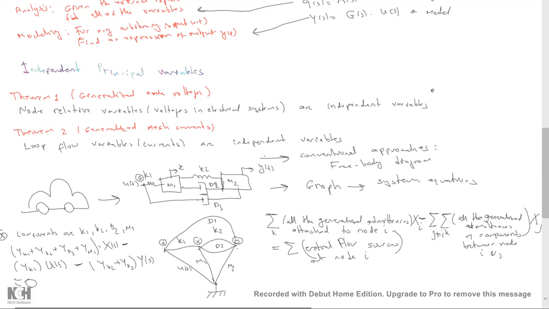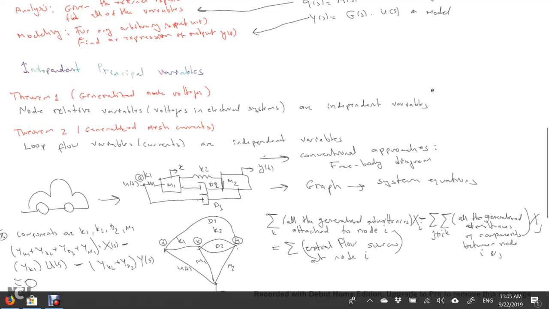So I can come here and make this definition.